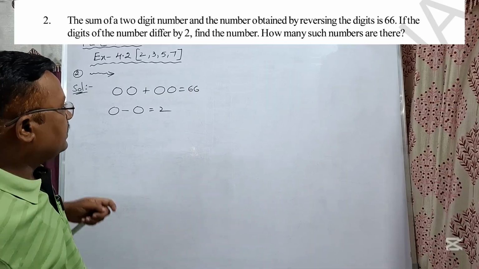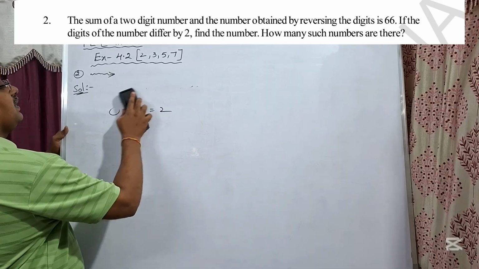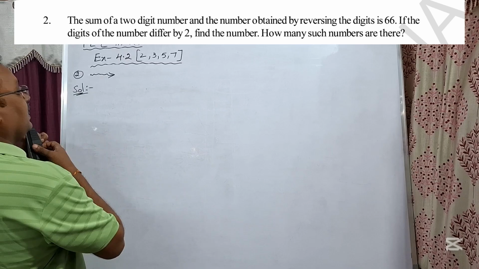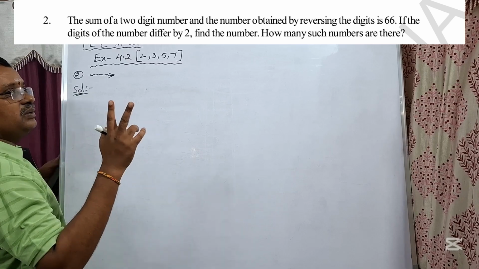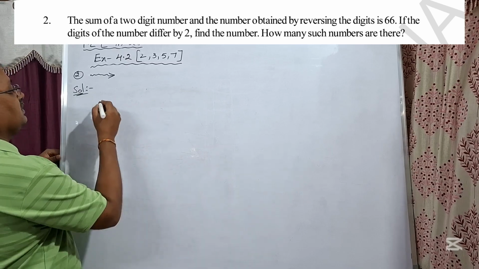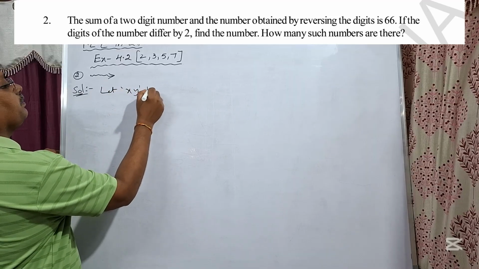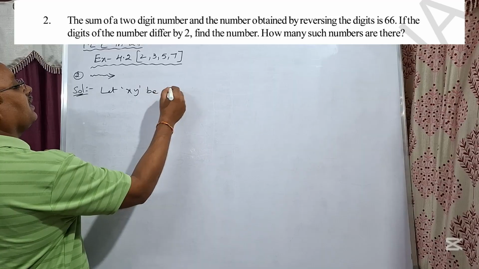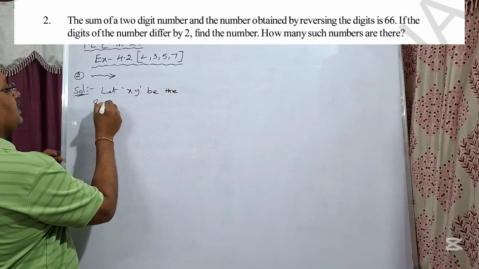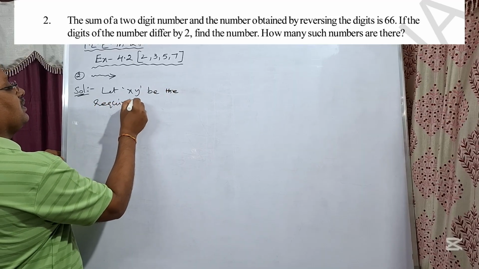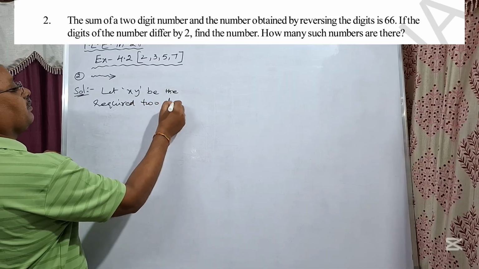Let us see. First of all, our required value is a two-digit number following the given rule. So let xy be the required two-digit number.